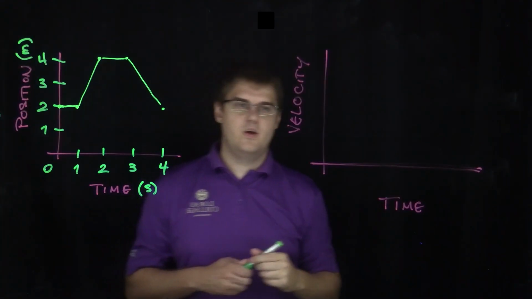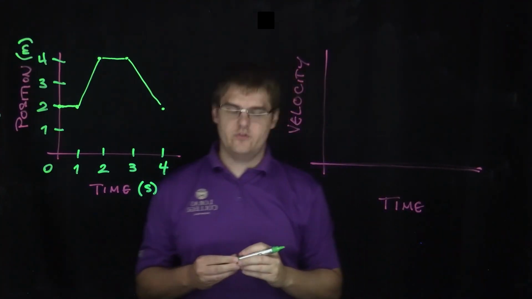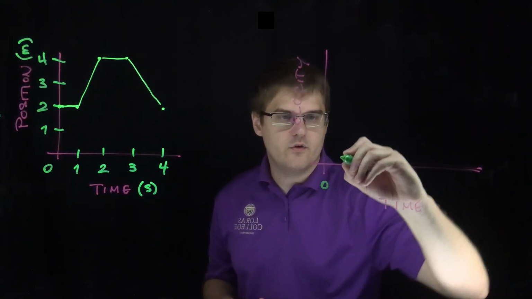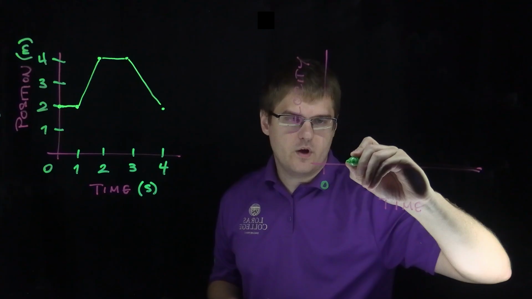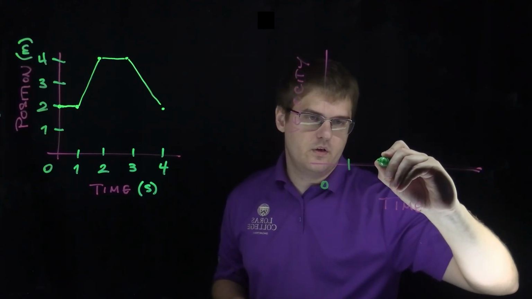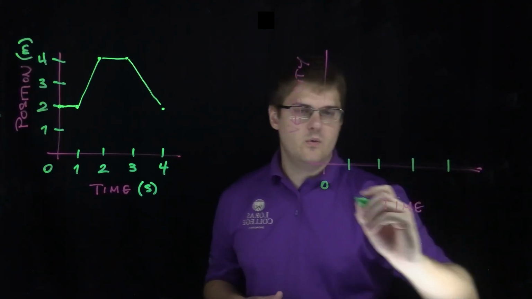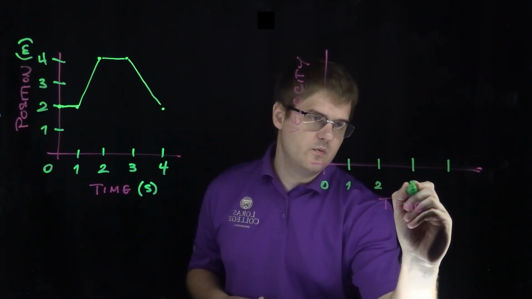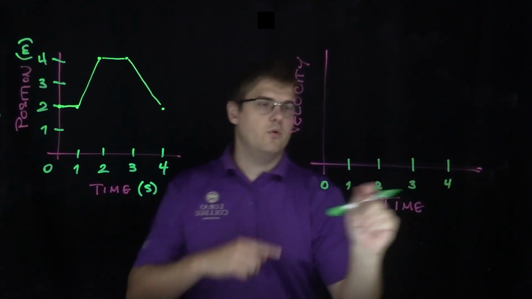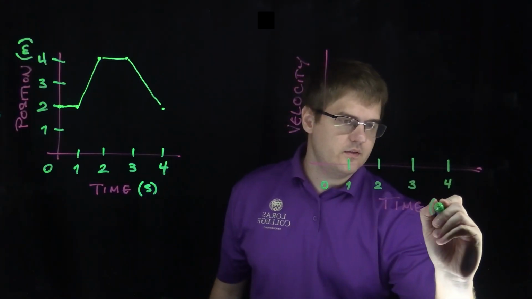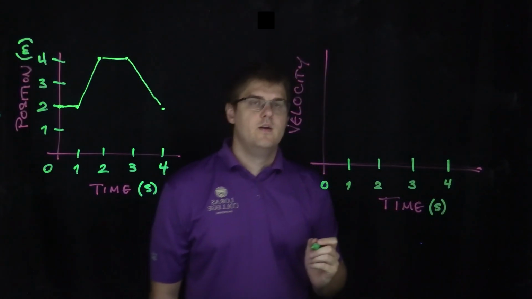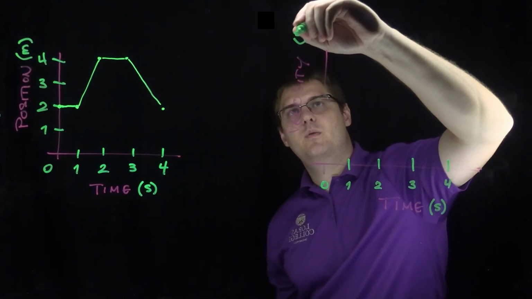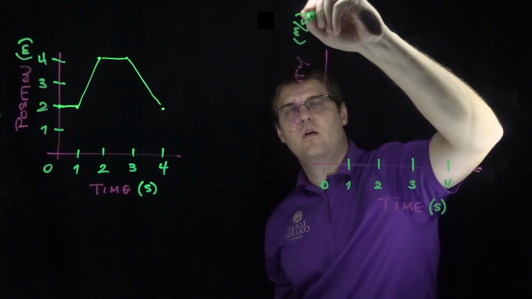With this, we are asked for the velocity versus time graph. First thing we can do, and I'm going to be careful about this one because we're not going to use quite the same axes: the time axis has to be the same, because they're both the time axis, and that's in seconds. Base units for velocity are meters per second.